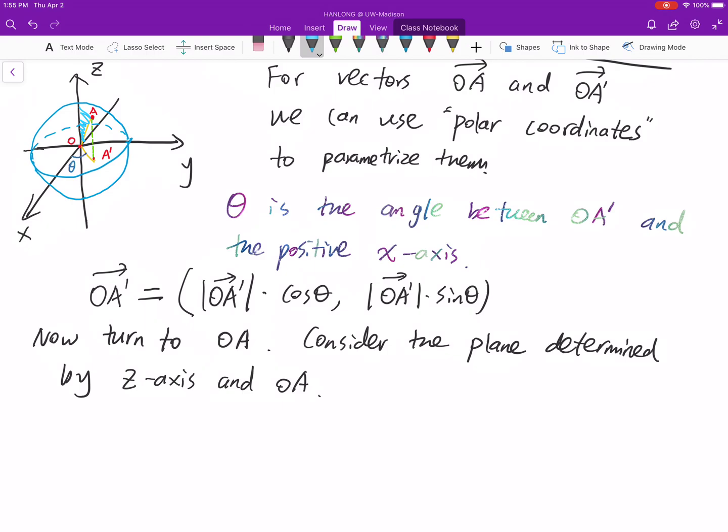We are considering this plane. You can extend. Okay, then in this plane, what is your angle? Your angle is here, so let's call it phi.